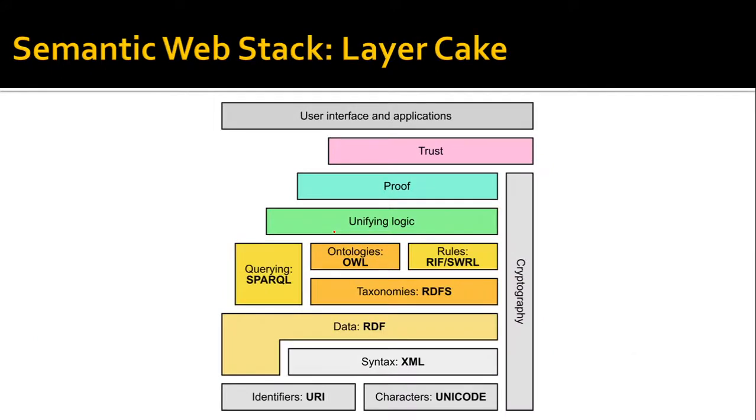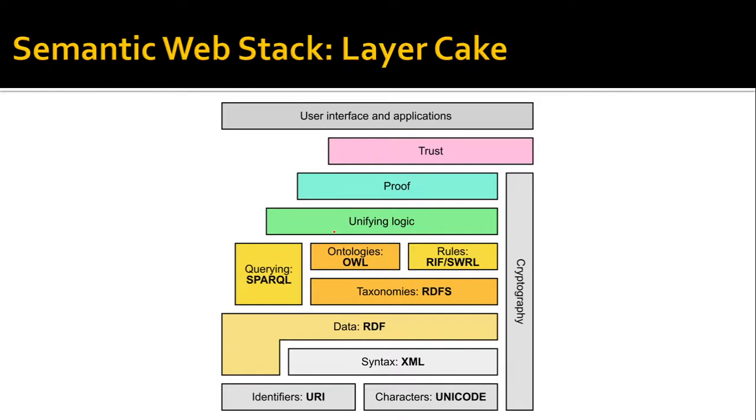So with all these requirements, let me present to you the semantic web architecture, which is also called the semantic web stack or a layer cake, right? You can see that this architecture looks like a cake having different layers. We'll be discussing all these layers one by one in the second part of this semantic web vision and architecture.